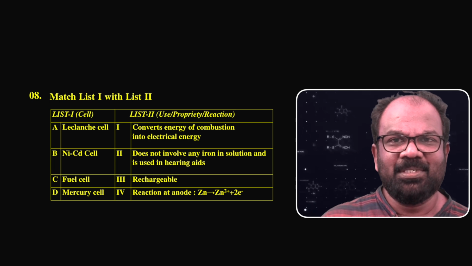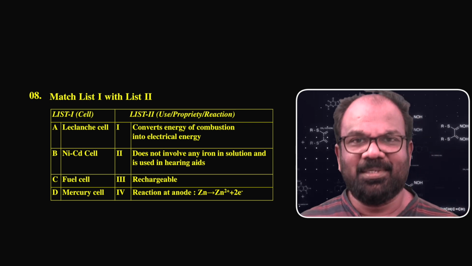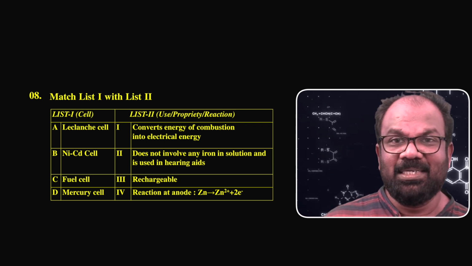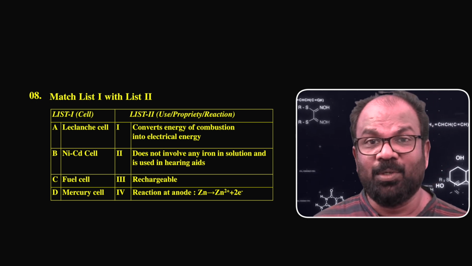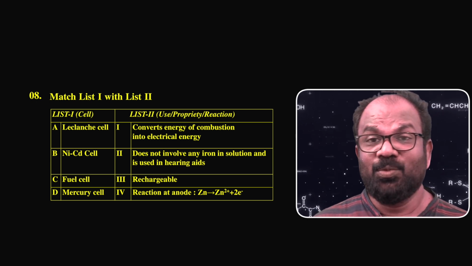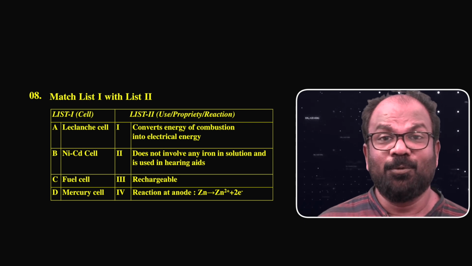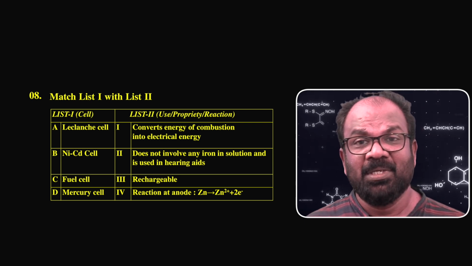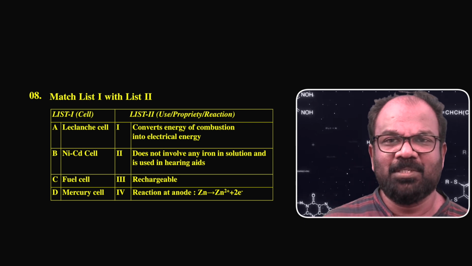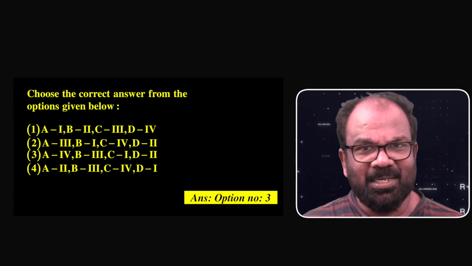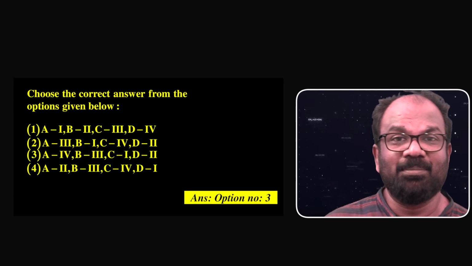First one is converts energy of combustion into electrical energy. Second one is does not involve any ion in solution and is used in hearing aids. Third one, rechargeable. Fourth one, reaction at anode is Zn gives Zn2 plus 2 electron. Choose the correct answer from the options given below.